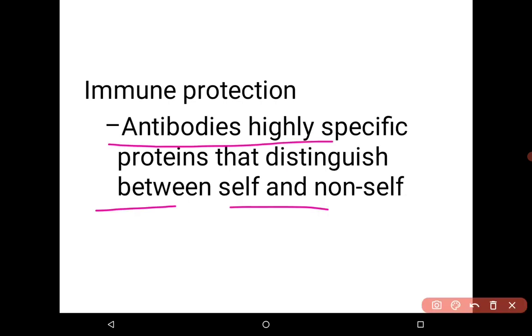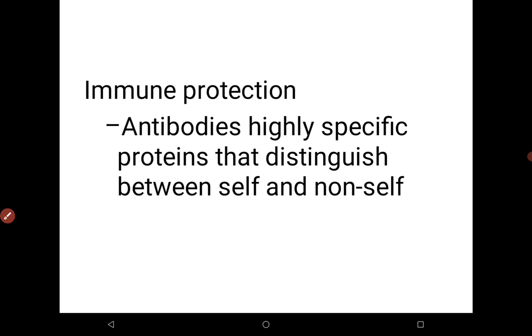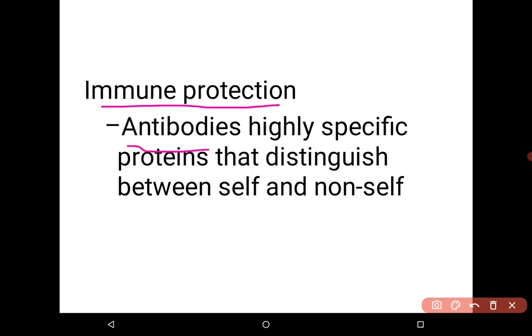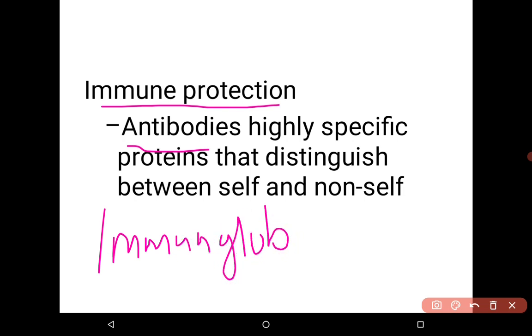Some are for immune protection. Not most, but we know about what we call antibodies. We have this type of proteins, immunoglobulins, that are specific for immune protection. They are proteins, but they are for immune protection.